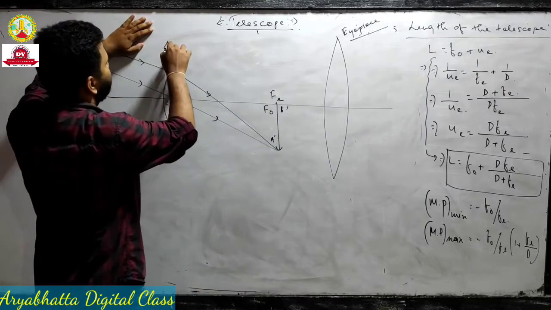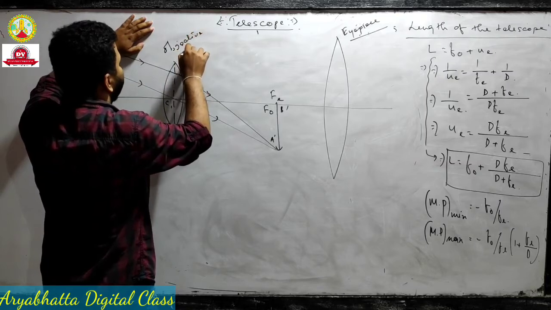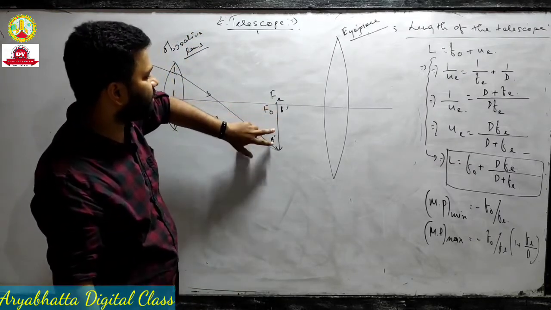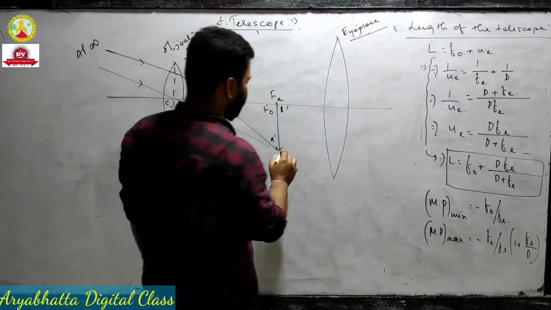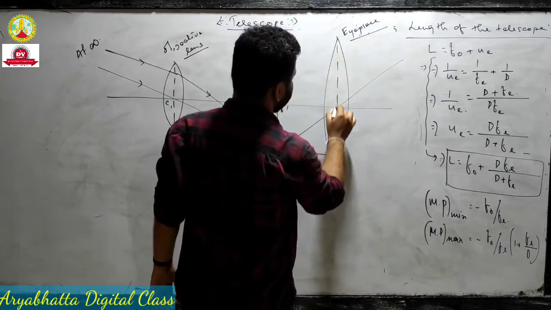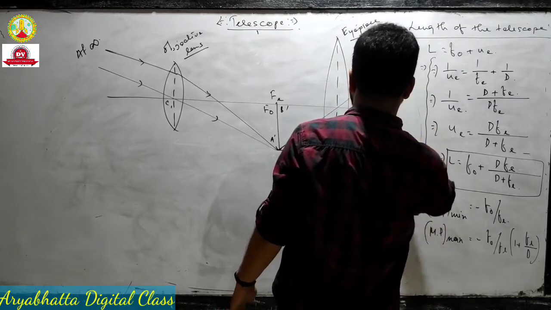For the objective lens, this is its focal length. But if this image is at the focus of the eyepiece, then where will the image form? At infinity. So one light ray will travel like this through the optical center, and another one will travel like this.